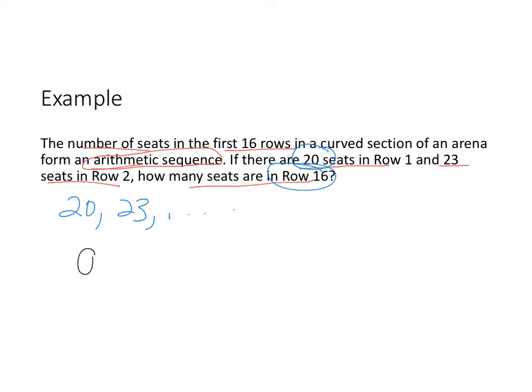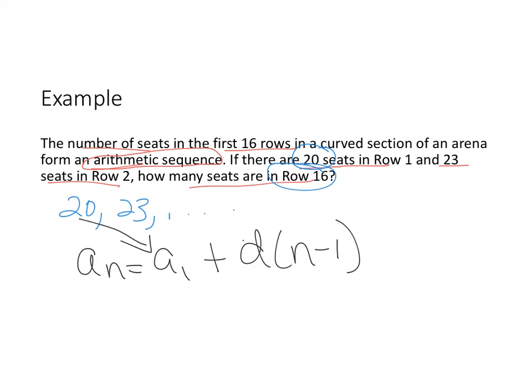So you're going to use your arithmetic sequence formula. And our first number in the sequence is 20. We are adding 3 seats every time, so that is our D. And we want to know the 16th row.